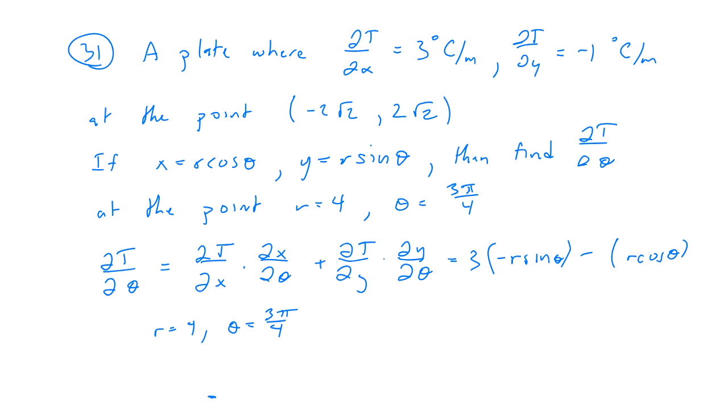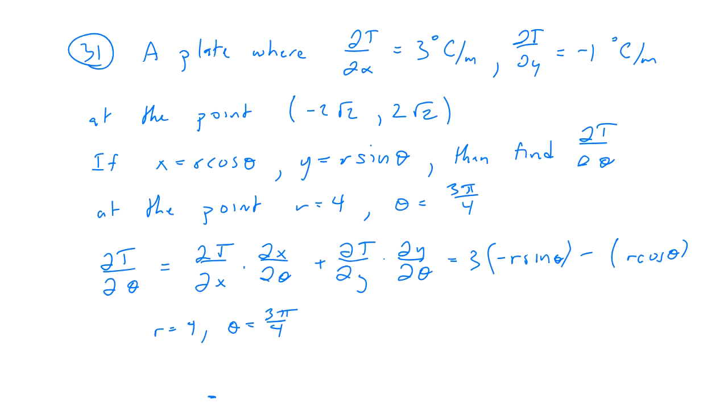Right, so the square root of 2 over 2. So 3 pi over 4 puts us in the second quadrant, which means x is going to be negative, but y will still be positive. So our sine of theta, which is y, will be positive square root of 2 over 2.